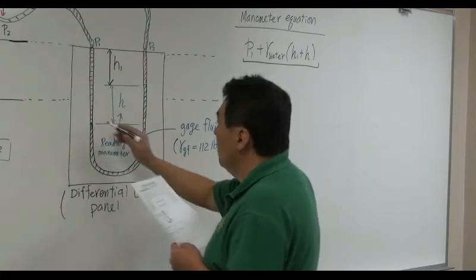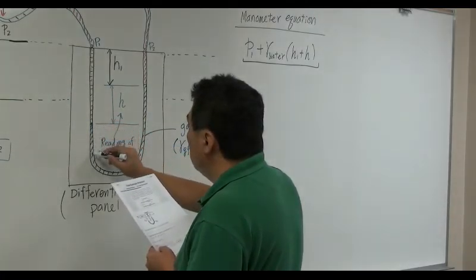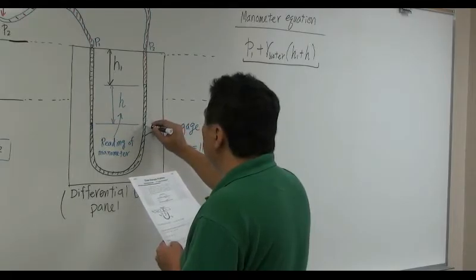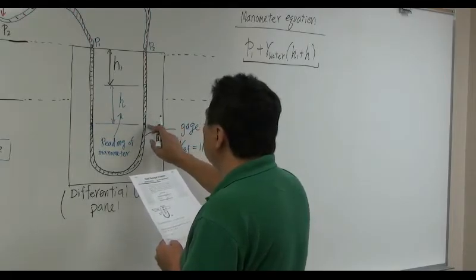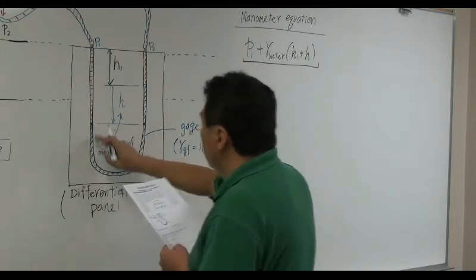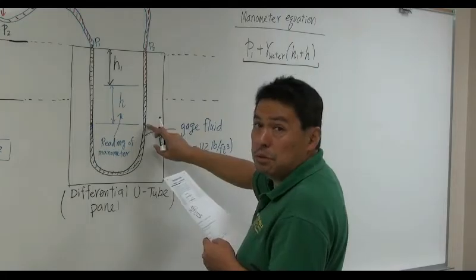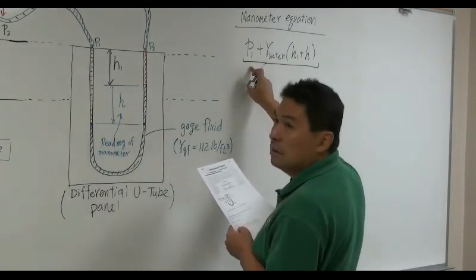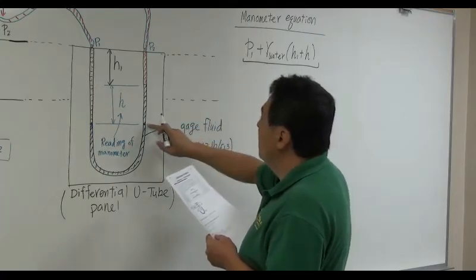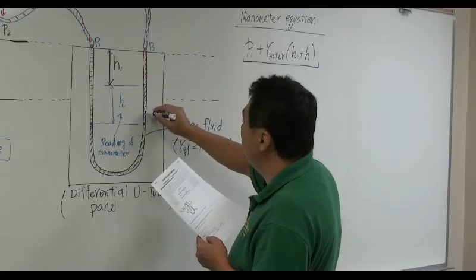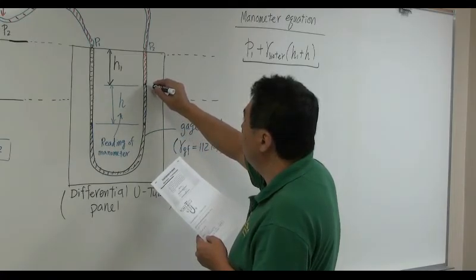Okay. Then you are going to go down more and then go here, then go back up here. So you are going to reach here. This is exactly the same pressure as here because it's at the same depth in the same gauge fluid. So the pressure here is the same, this way. Okay. So we are going to start from here, go to right here.